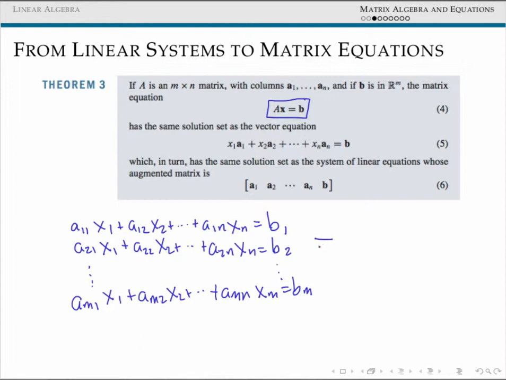The way we translate this into a matrix is to let our matrix A be our matrix where we're going to call this vector A1, this vector A2 and this vector An.